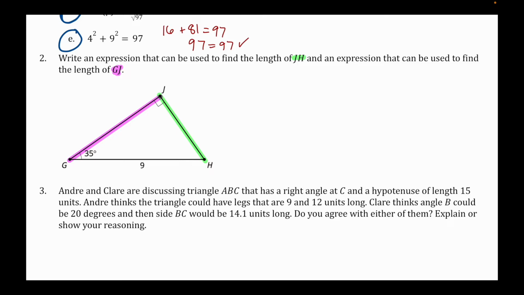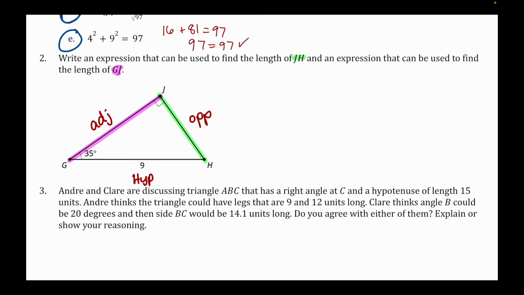So if we want to find JH in relationship to the only angle they're giving us, this is going to be the opposite side, and GJ is going to be the adjacent side, because 9 is the hypotenuse, and that is across from the 90-degree angle at J.